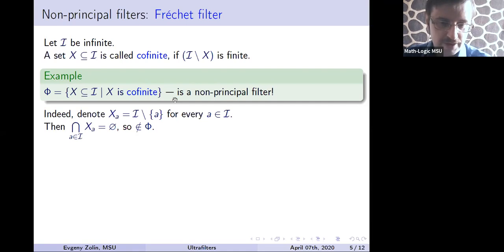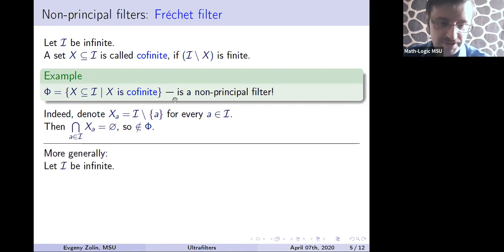And there are even more general filters of this kind. Here we considered only cofinite sets, whose complement is finite. But instead of finite, we can consider other notions of being small. So the complement is small, so X is big. For example, let us fix some cardinality kappa.